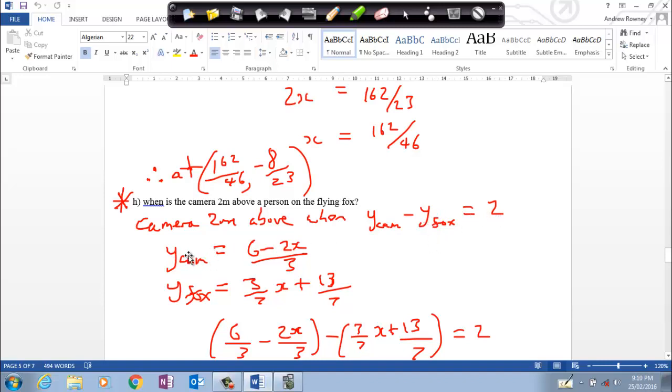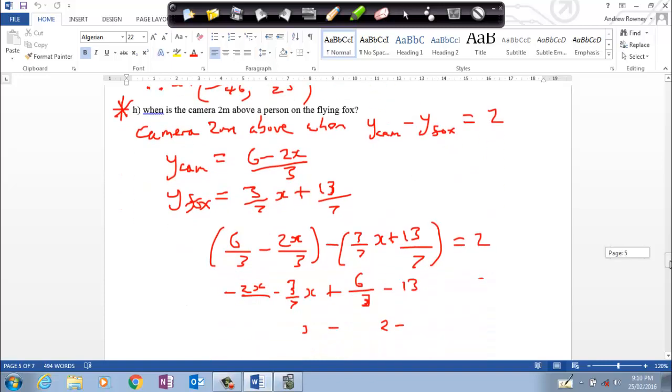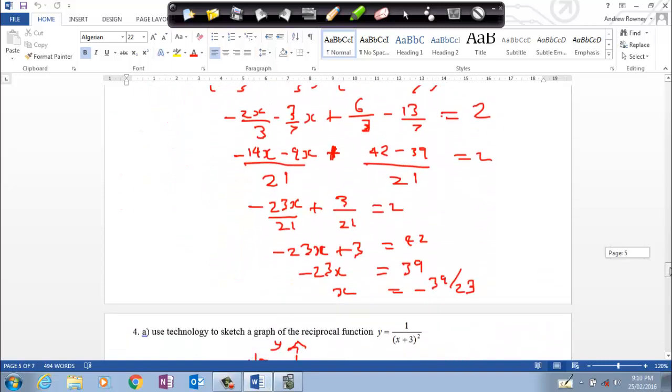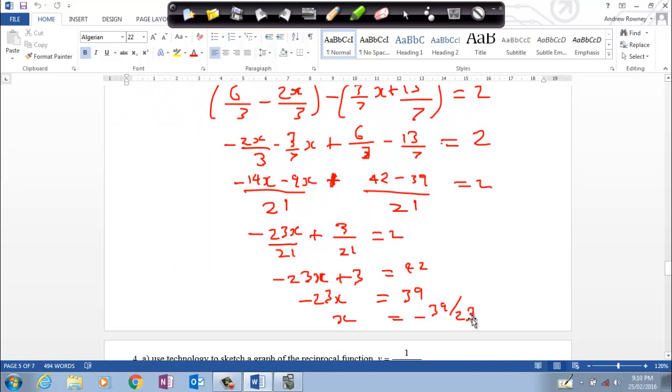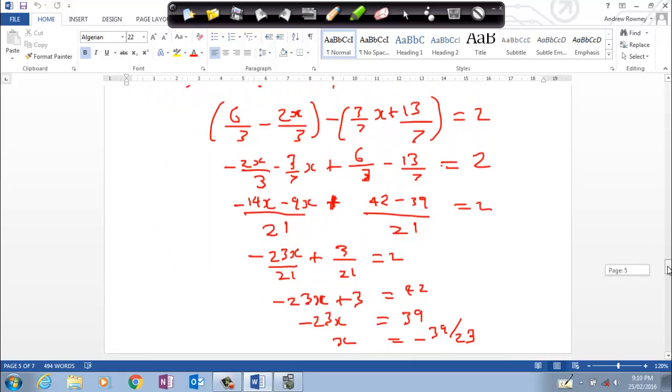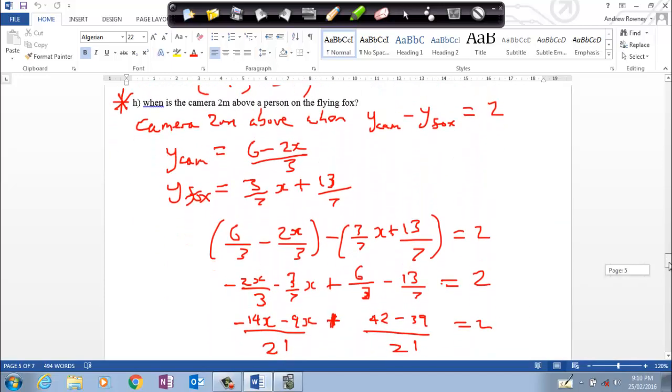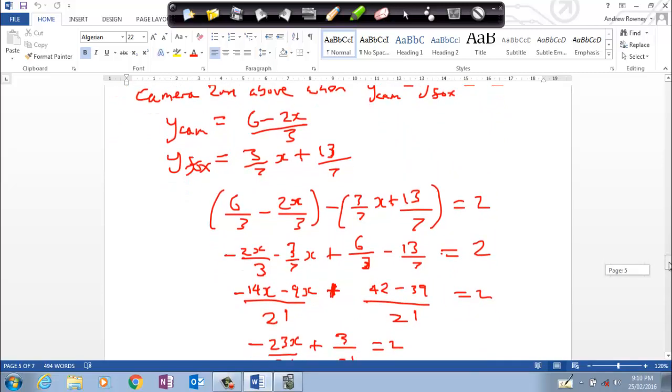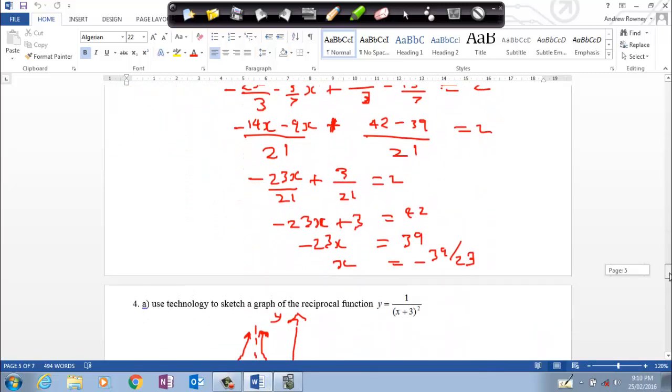Now we can rearrange to get the y of the camera and the y of the fox, and we subtract those two and they have to be equal to 2. If you solve that whole equation, you'll end up with that x value. So at that point it's going to be 2 meters above at that particular x coordinate.